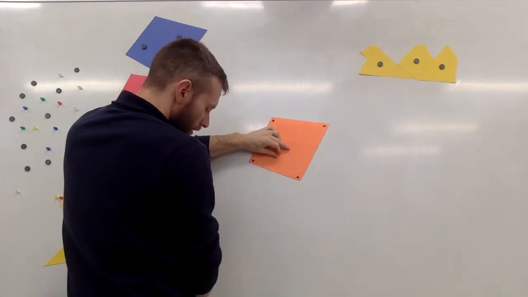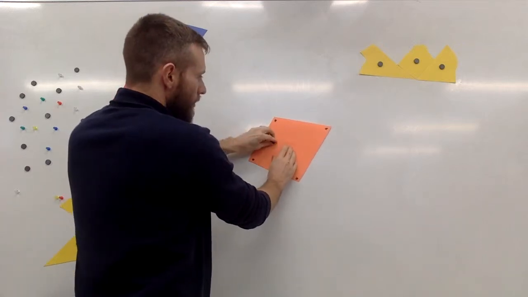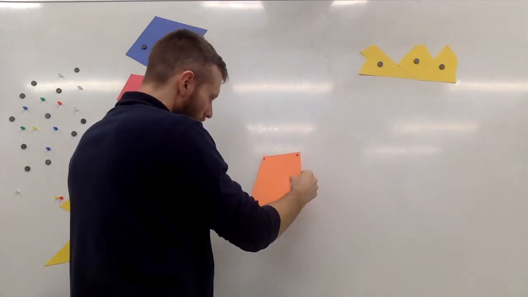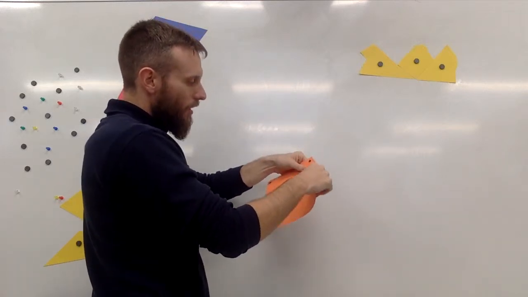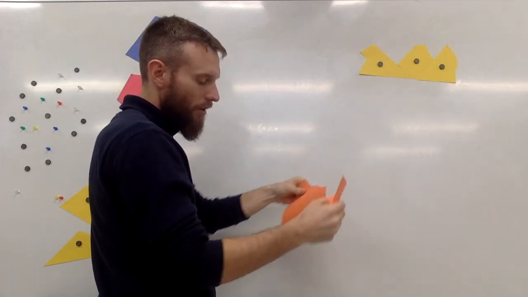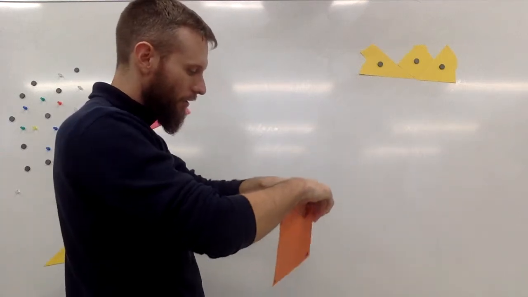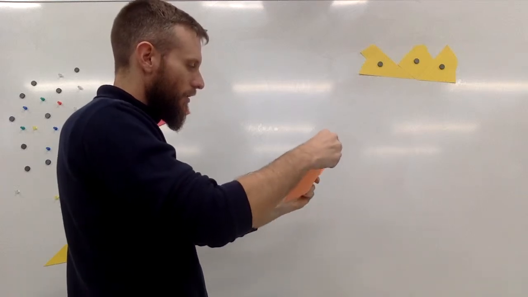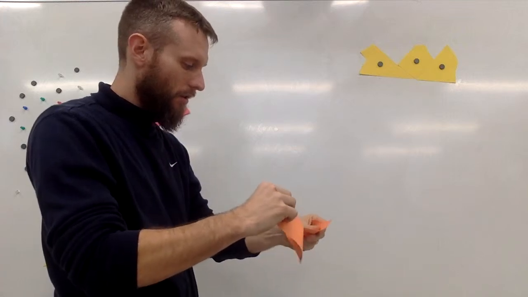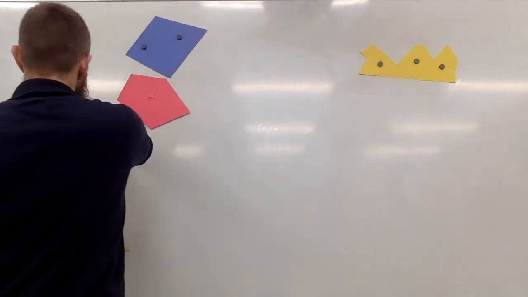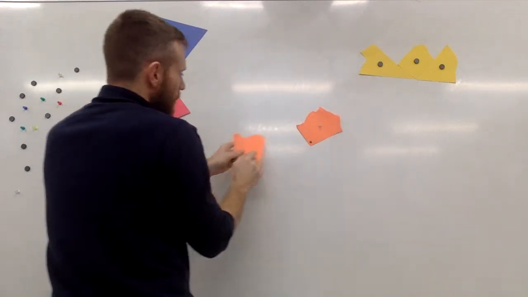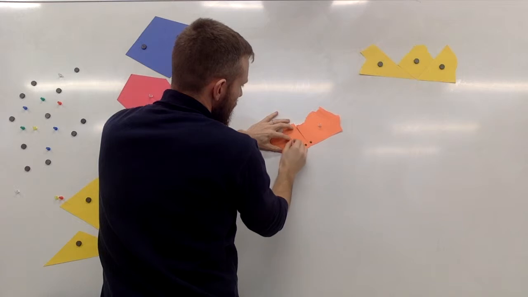These are the original corners of my quadrilateral. So now what I'm going to do is tear it, just as I did before, into four sections so I can put together all of the corners. Okay, so I'm going to take my magnets and see what all these add up to.